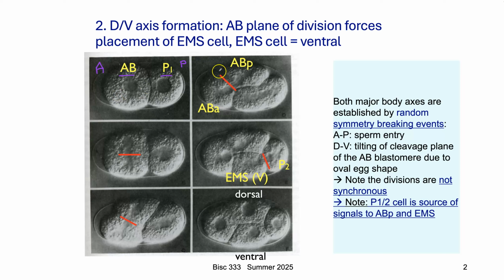So what happens is when that cell starts to divide, because of, I think, just the physical constraints of being in a more oval type of egg, it causes the plane of division to be tilted relative to the previous one.